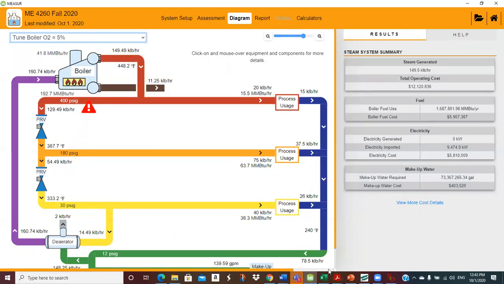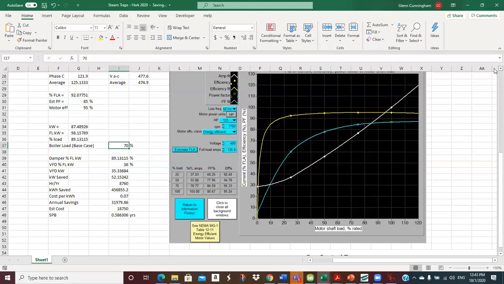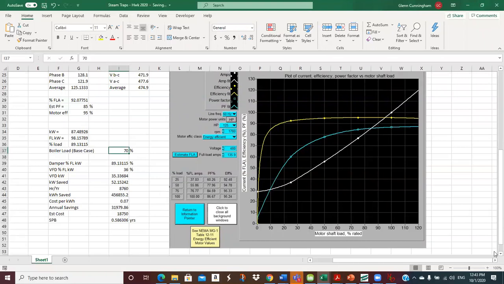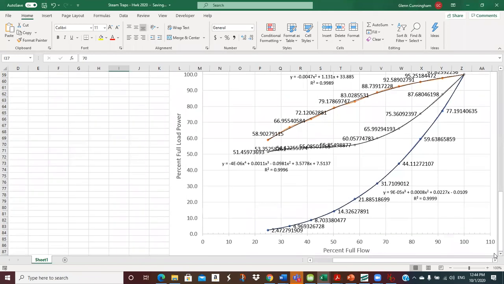Let's go back to this. I should take notes on this stuff. I get myself all fired up and I forget what I did. 60% load. Well, I think to be conservative, and I'm not going to grade anybody down for doing this or not doing this, but there's always a question between, say, a damper position and a flow rate, and because we're estimating all this stuff.